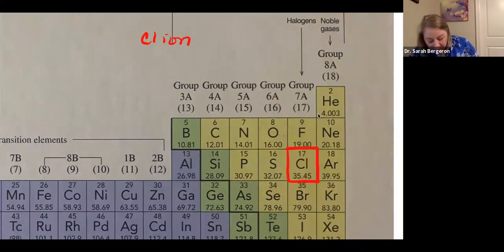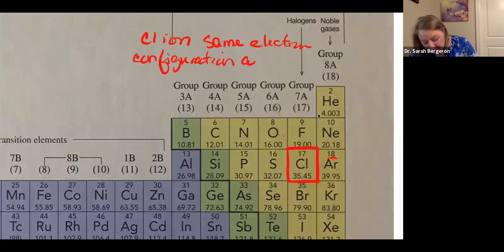Well, it's going to look like it's gained 1 electron. Right? We had 17, now we have 18. So the chlorine ion has the same electron configuration as argon. And remember we said argon is a noble gas. It's in that last column. So it's super stable because it has a complete octet.